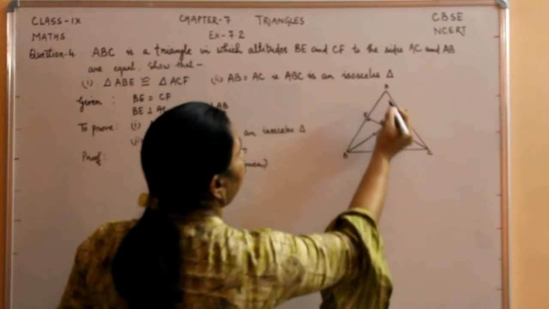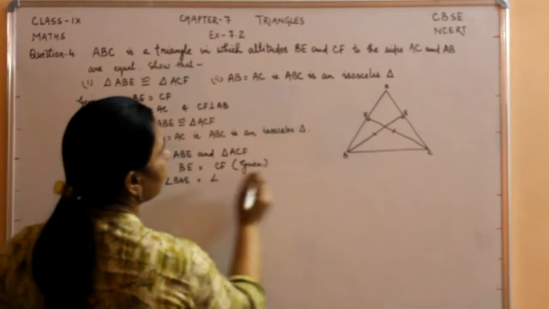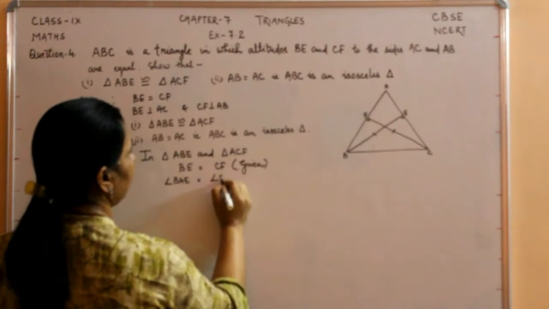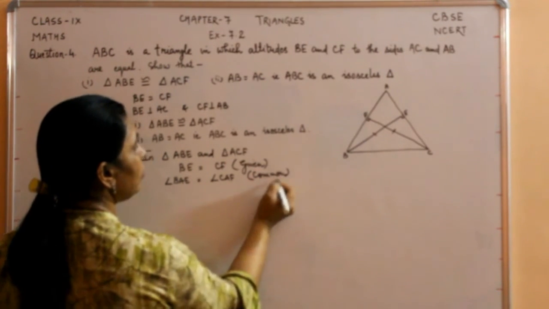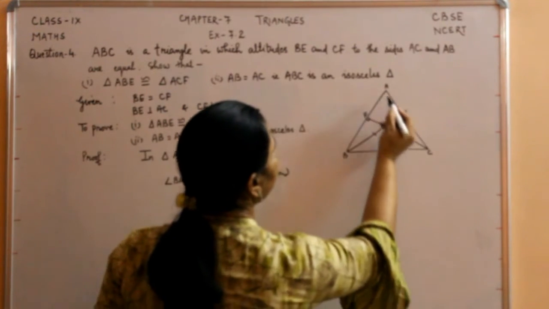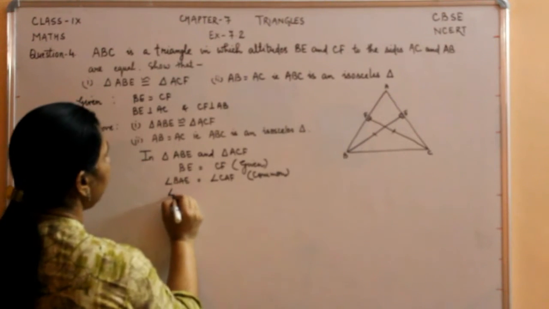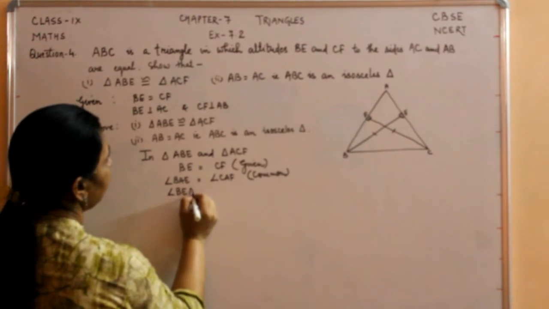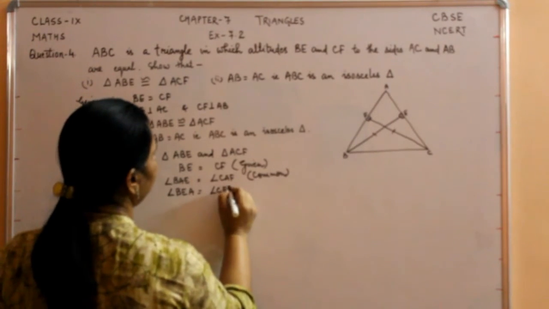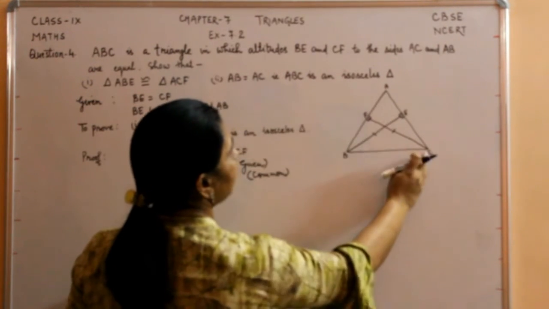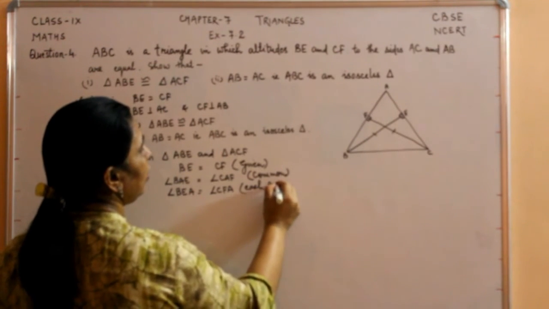Then angle BAE is equal to angle CAF, as this angle A is common to both triangles. And angle BEA is equal to angle CFA because they both are of 90 degrees.